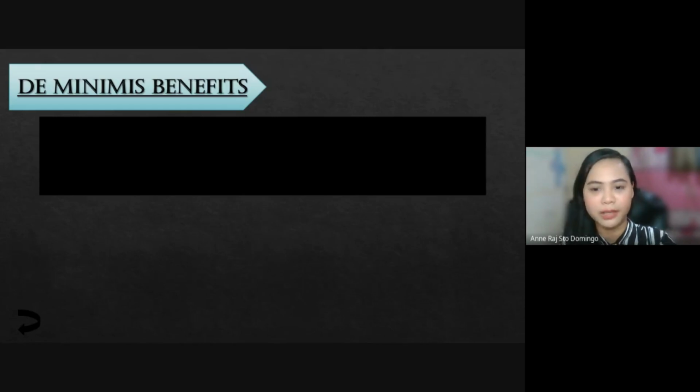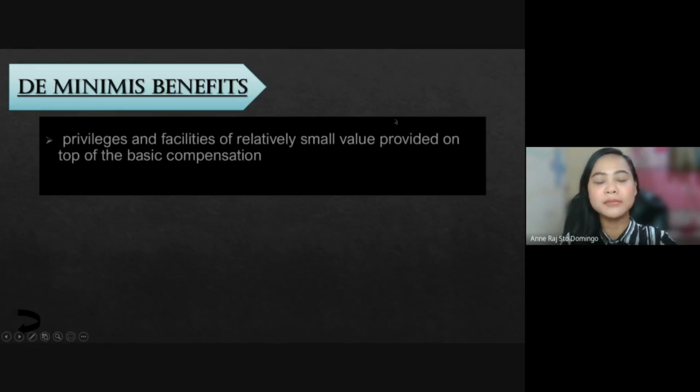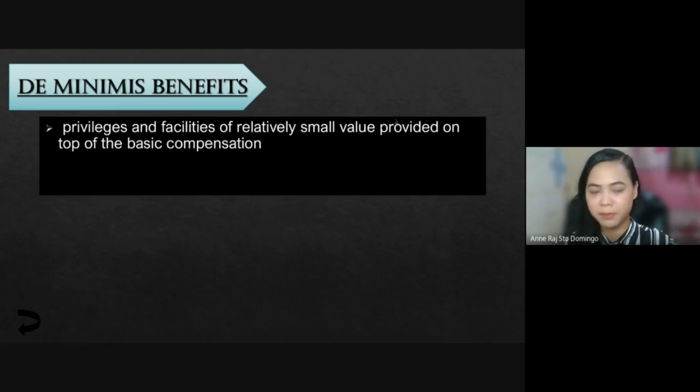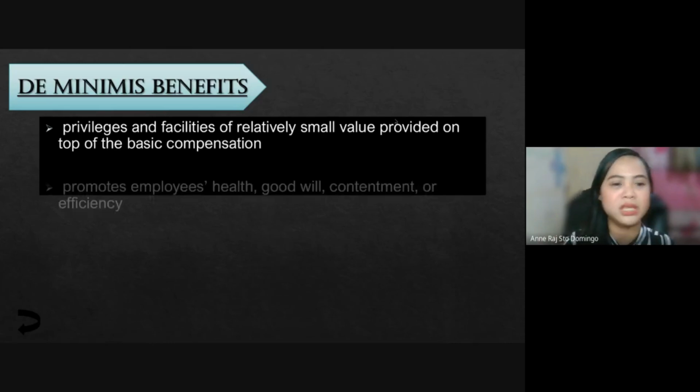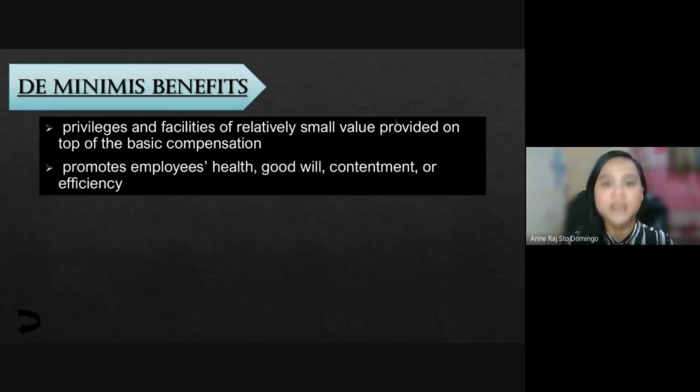Anyways, these are the privileges and facilities of relatively small value provided on top of the basic compensation. So, the de minimis benefits promote employees' health, goodwill, contentment, or efficiency.